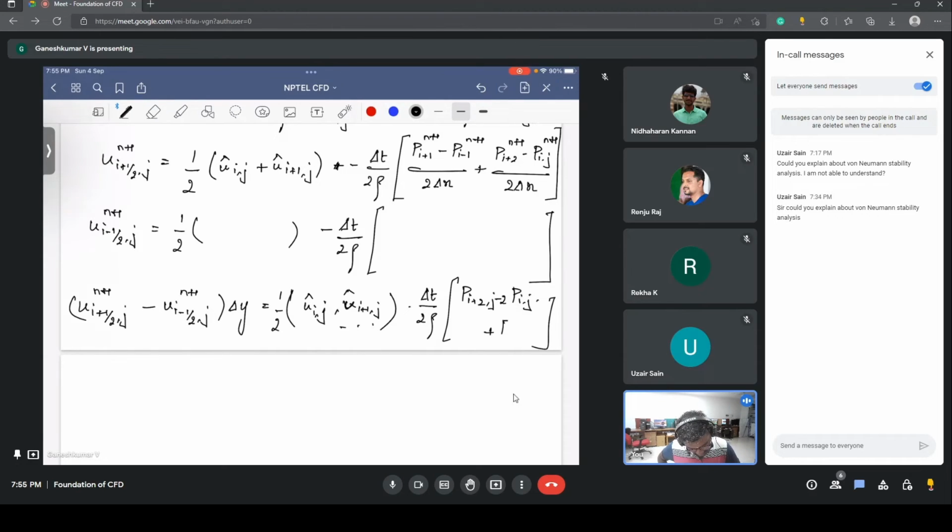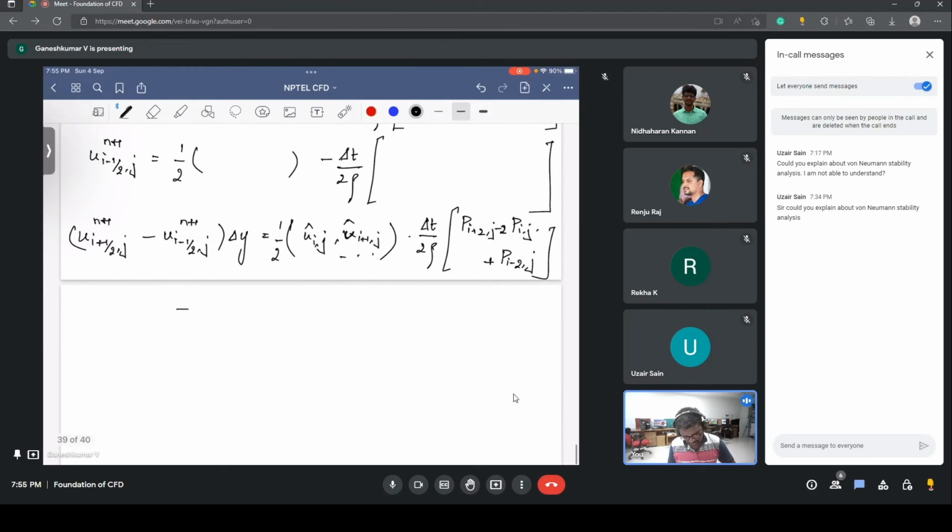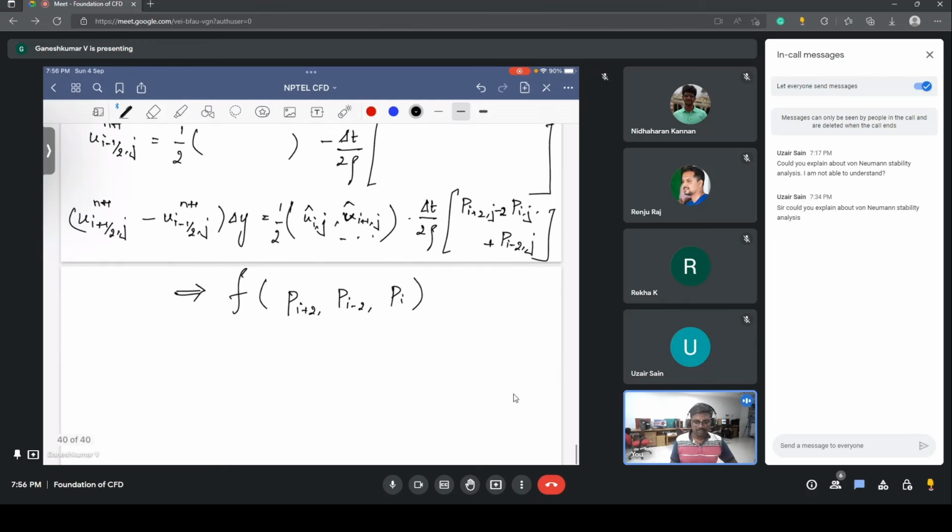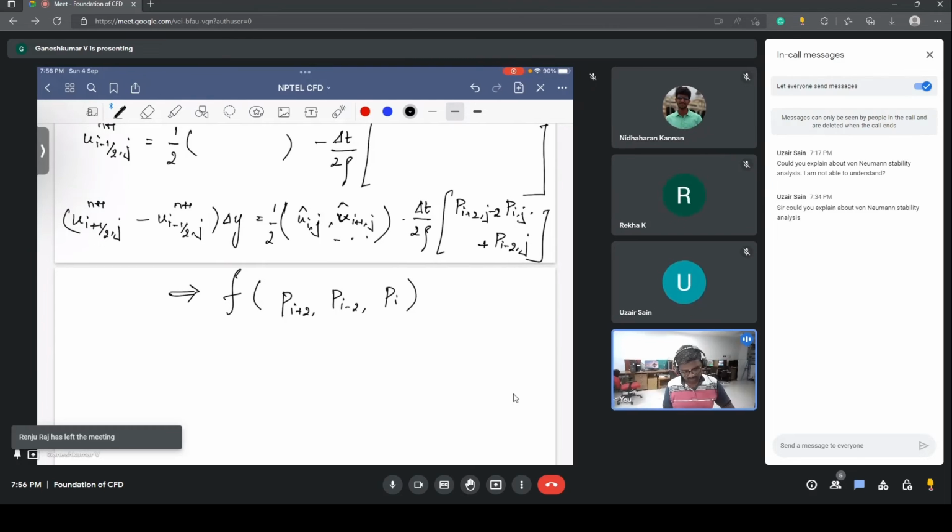So we will end up getting p i minus 2 comma j, and p i plus 2, so this would be a function of p i plus 2, p i minus 2 and then p i. I will also upload the detailed derivation; I'm just giving you the gist.